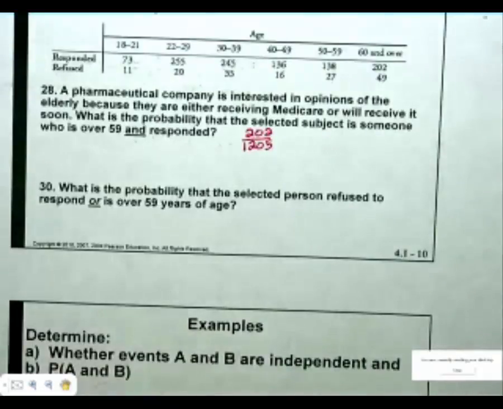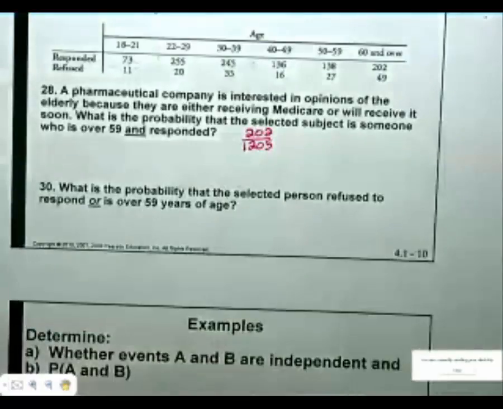The whole bottom row. Okay, but that's not the question I asked, though. I asked, what do we need to know? Somebody said the number that refused to respond. Well, all of those on the bottom row refused to respond. So I need to add those up real quickly.